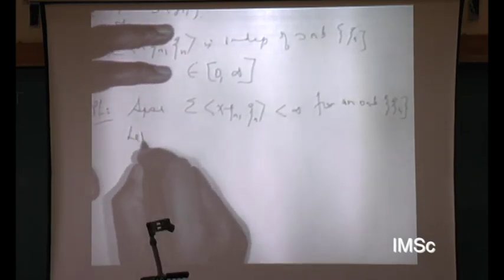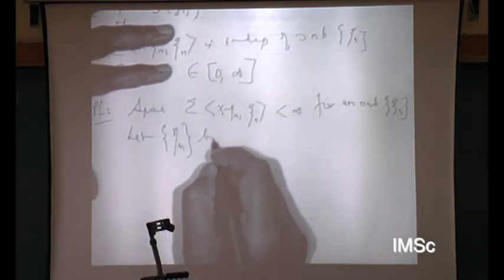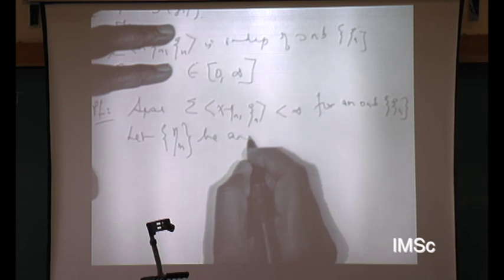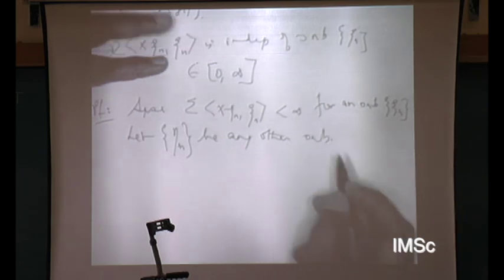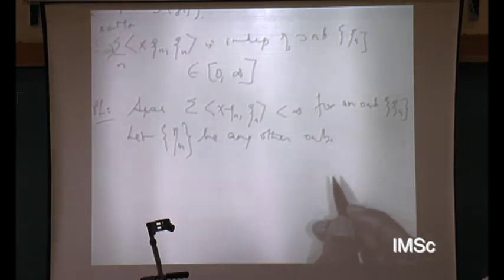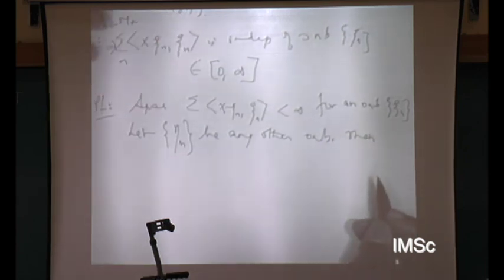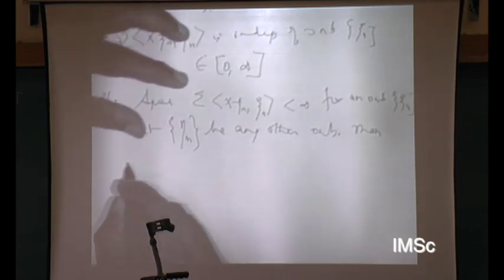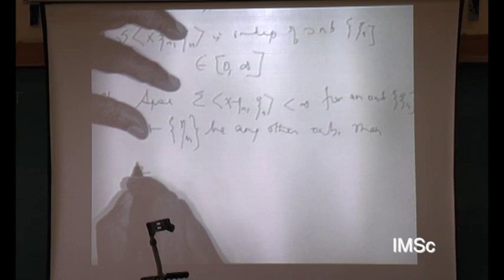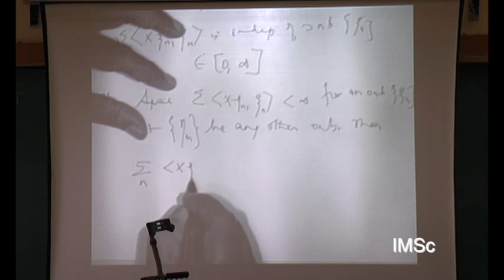Let eta_m be any other orthonormal basis. Then, okay, I'm going to do some fudging. So, look at this series: sum over n of (x xi_n, xi_n).